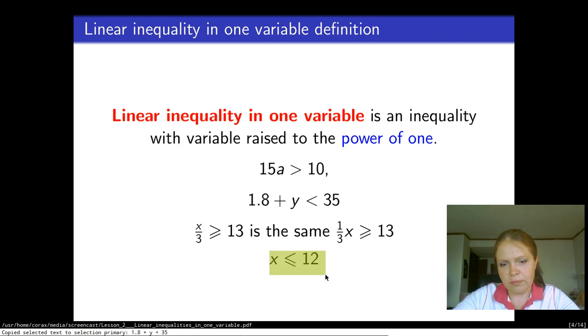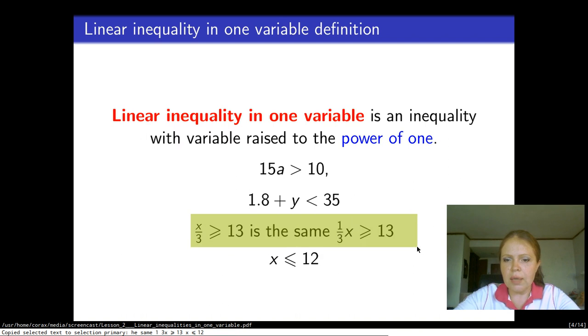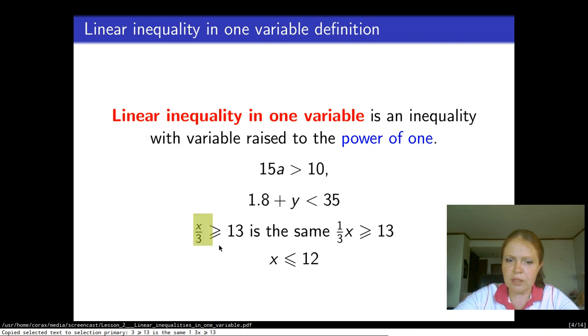This one is also linear: x over 3 is greater than or equal to 13. Let's talk about this example. If you see inequalities like this, with x on the top of the fraction line, you can rewrite this inequality as 1/3 multiplied by x is greater than or equal to 13.